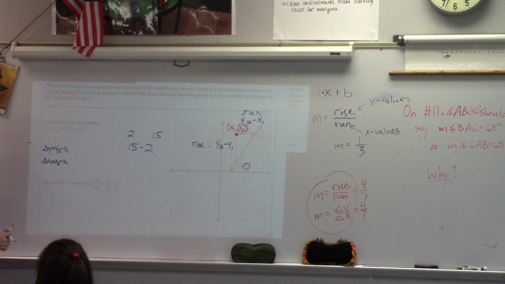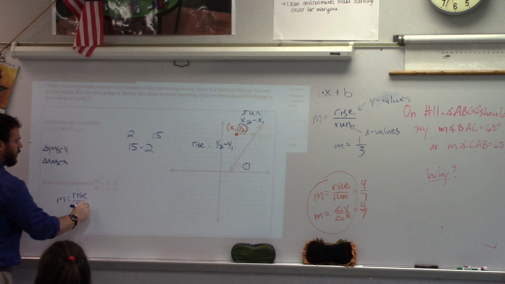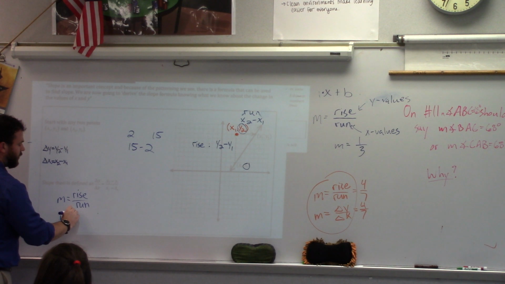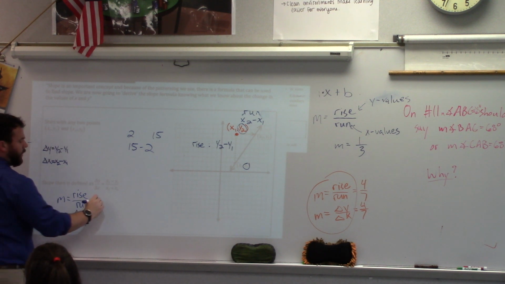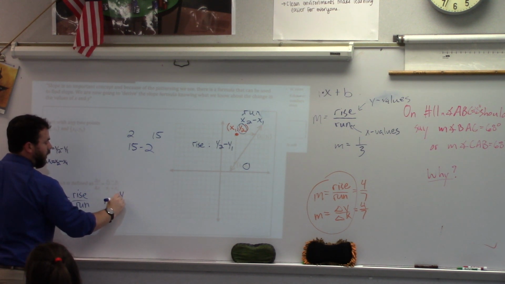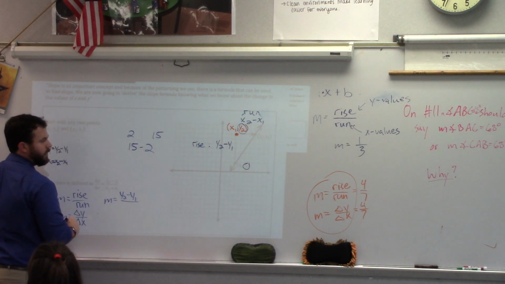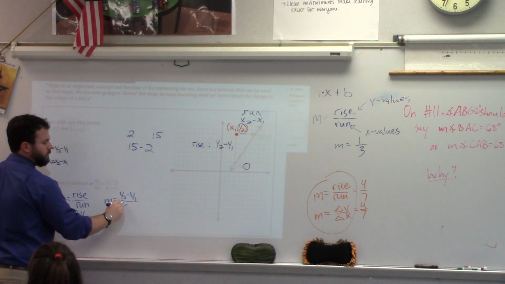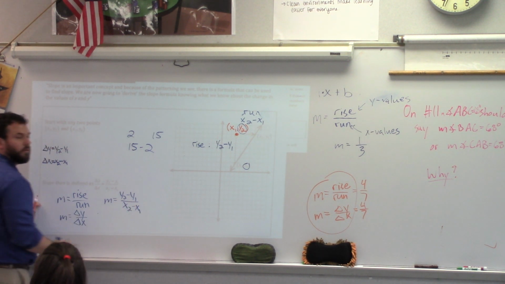All that being said, we now get that the slope is equal to rise divided by run. We can also say that slope is equal to delta y divided by delta x. And then we can also now say that it's y2 minus y1 divided by x2 minus x1.